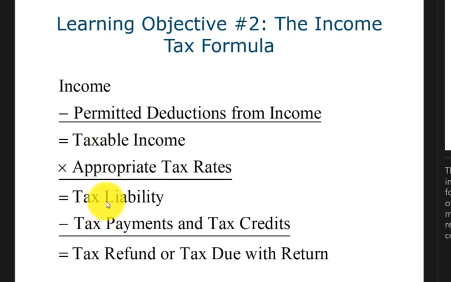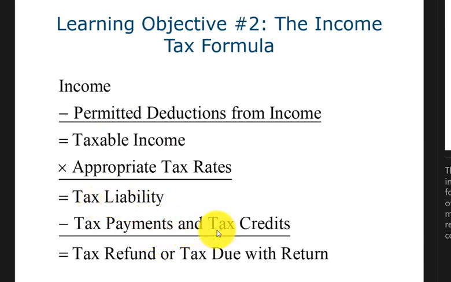That's going to give us our tax, multiplied by the tax rate, and again, it could be multiple rates depending on our income. Then we apply any tax payments we've already made, for instance what is withheld by your employer, or other tax credits, because tax credits do not impact the taxable income. They impact our tax liability.